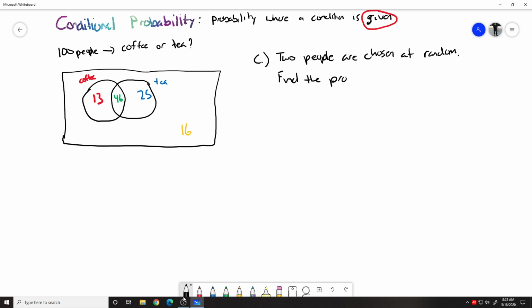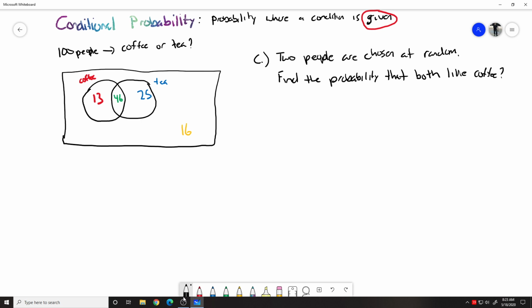Find the probability that both like coffee. So I'm going to pick two people at random. What's the probability that both people I pick, that both of them like coffee?